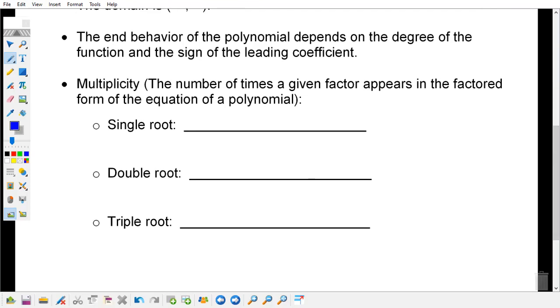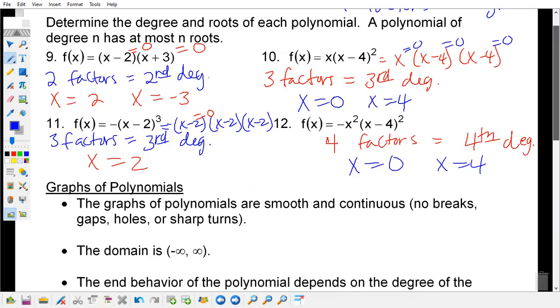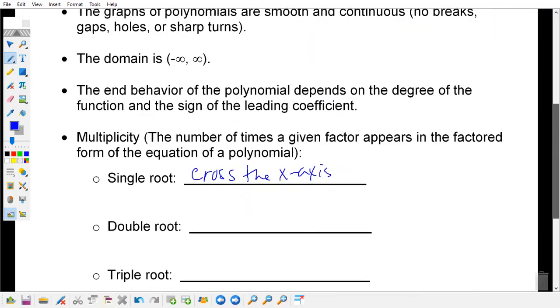Now, the multiplicity. Your multiplicity is telling you how it acts around the root. A single root multiplicity is going to cross the x-axis. So what that means is that when we had the factors, what was number 9? X equals 2 and negative 3, right?